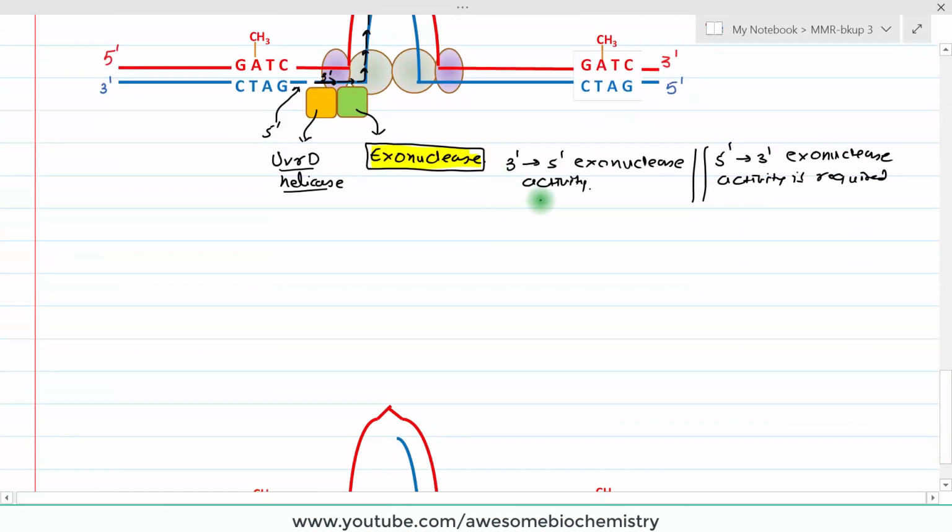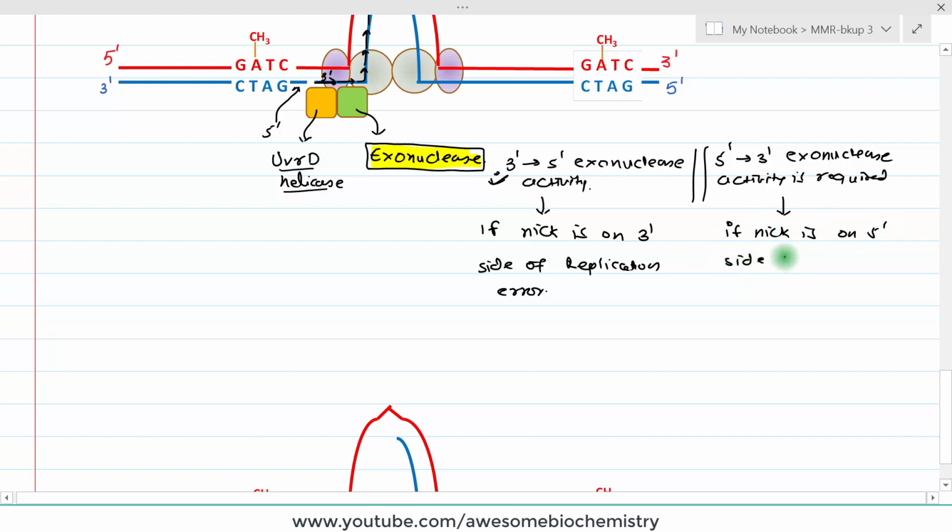So you can say that 3' to 5' exonuclease activity is required if nick is on 3' side of replication error, then this activity is required. And opposite is if nick is on 5' side of replication error, then this 5' to 3' exonuclease activity is required.